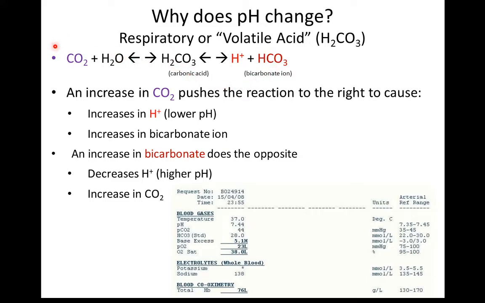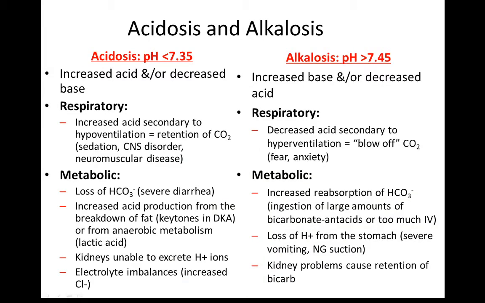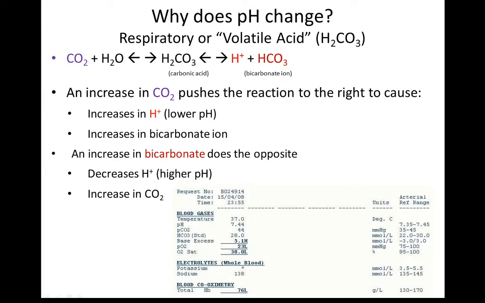When CO2 is increased, then the chemical reaction is pushed to the right, meaning more hydrogen ions will be formed, and that will result in a lower pH. Conversely, with an increase in bicarb, the chemical equation will be pushed to the left, resulting in fewer free hydrogen ions and a higher pH.